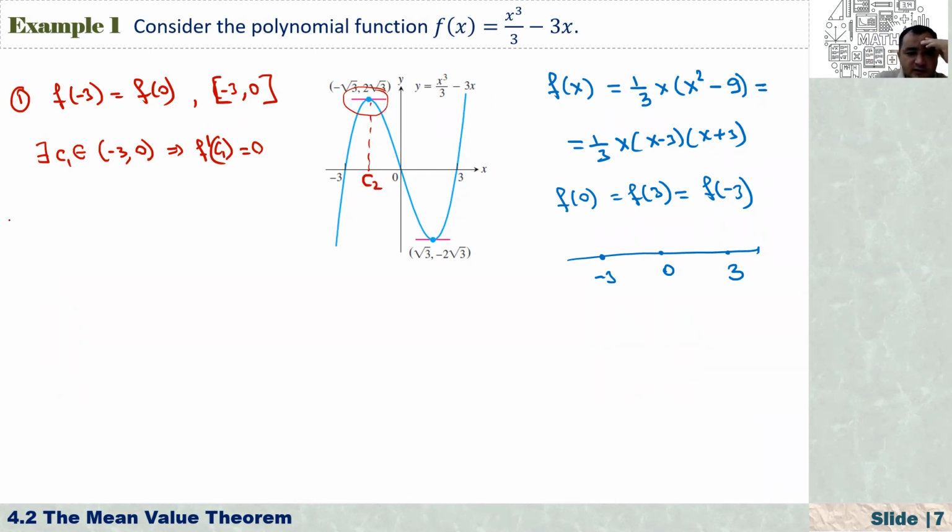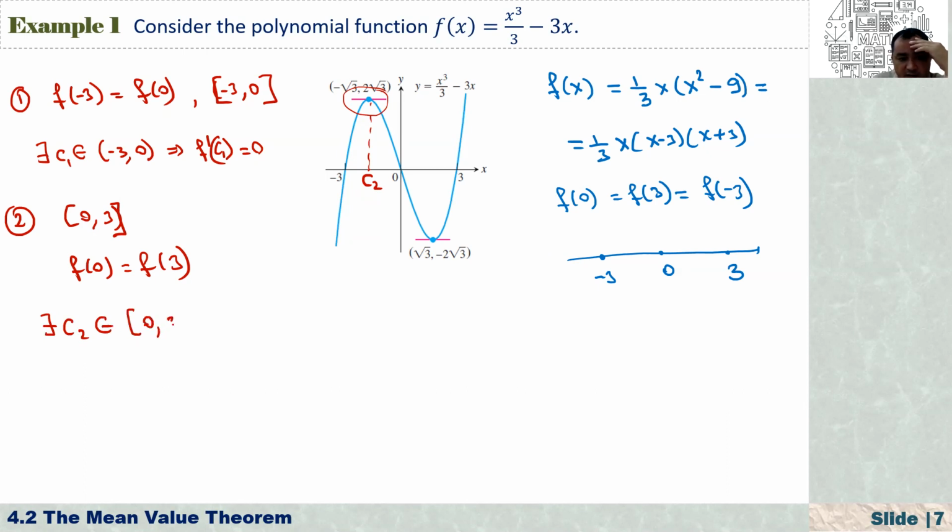And also, if you consider the second interval from 0 to 3, f of 0 is equal to f of 3, right? And it is continuous and differentiable everywhere. So this Rolle's theorem guarantees that there exists at least one point over the interval from 0 to 3 where f prime of C2 is equal to 0.